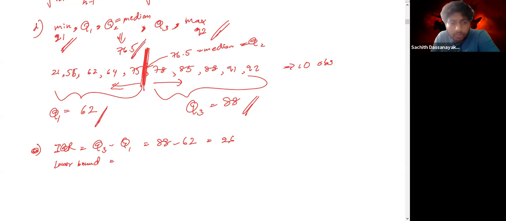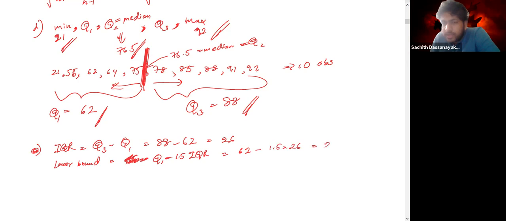The lower bound is Q1 minus 1.5 times IQR, where Q1 is 62 minus 1.5 times 26.